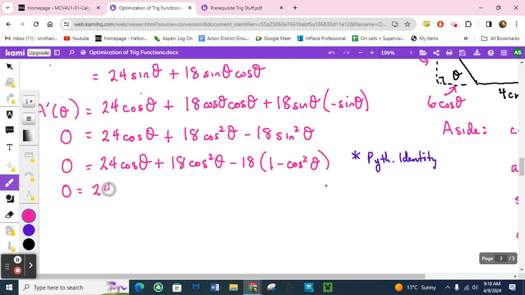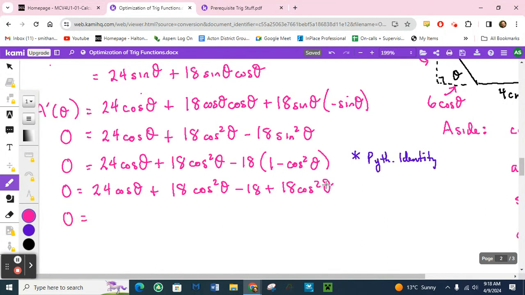So let's take a couple steps here to put this into a form where you guys can use the quadratic formula. So we have 18 cos squared theta minus 18, and minus 18 times minus cos squared theta is plus 18 cos squared theta. And then there's a couple of like terms we can group together there.